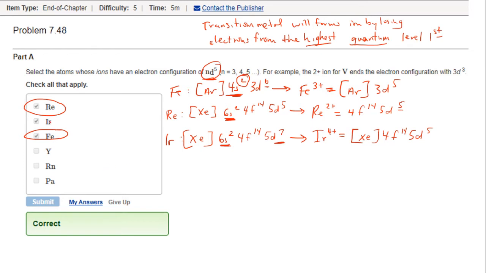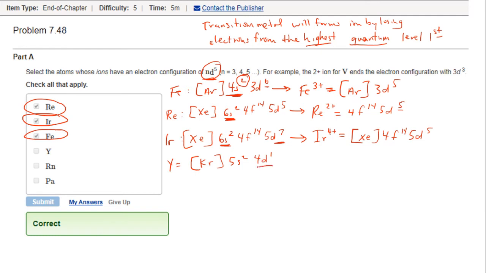The remaining 3 that don't work, yttrium, radon, and protactinium, I'll show you why those don't work. Yttrium, for example, has an electron configuration of krypton 5s2 4d1.